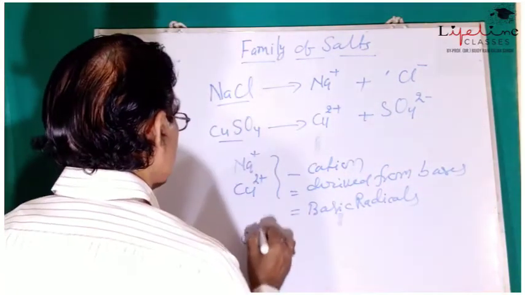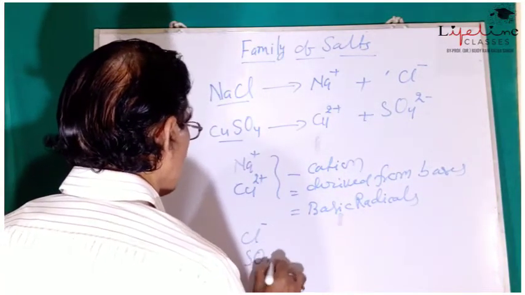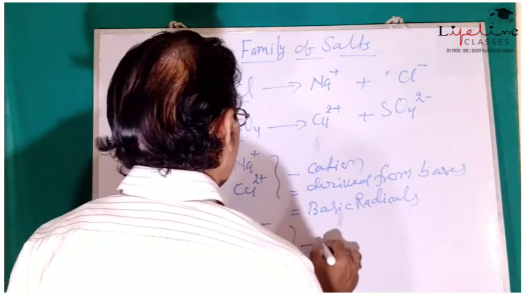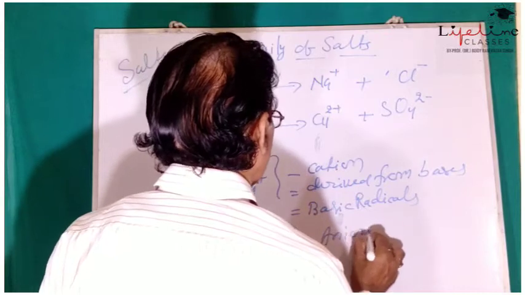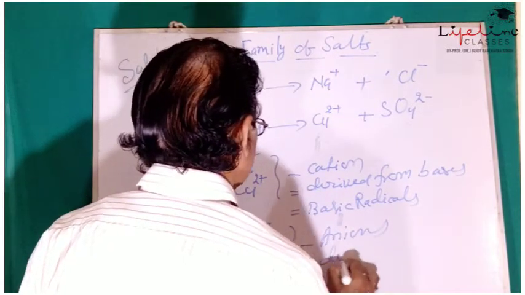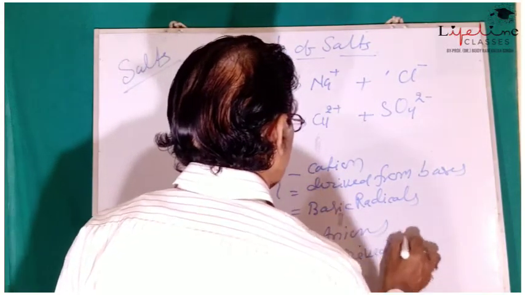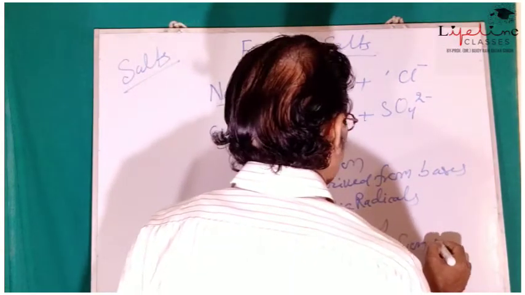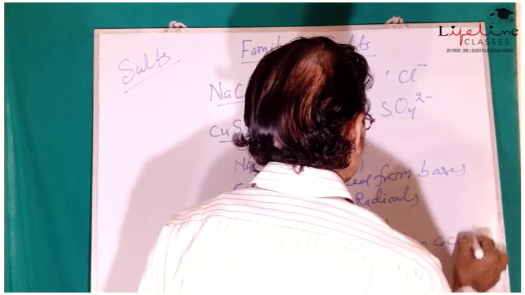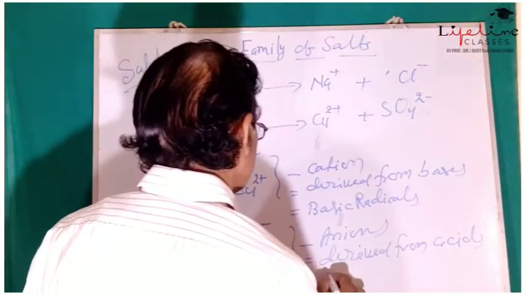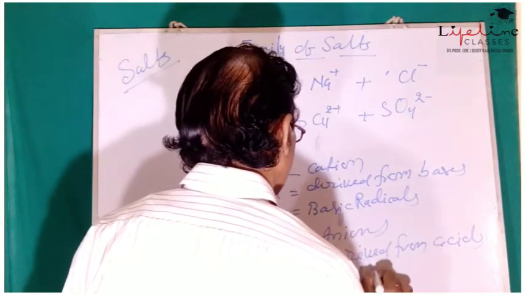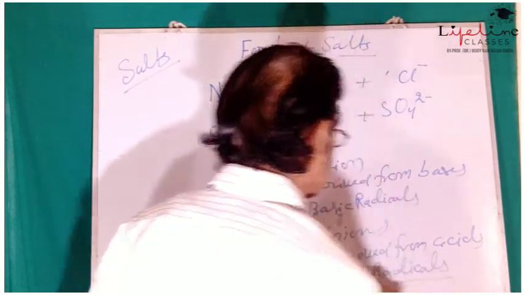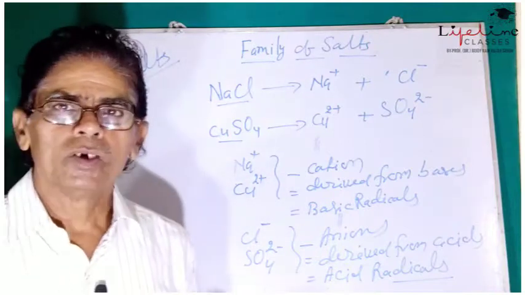Whereas Cl- and SO4 2- are anions derived from acids. So they are called acid radicals.